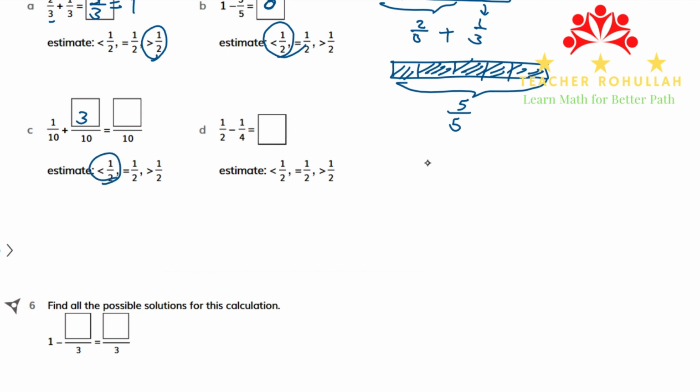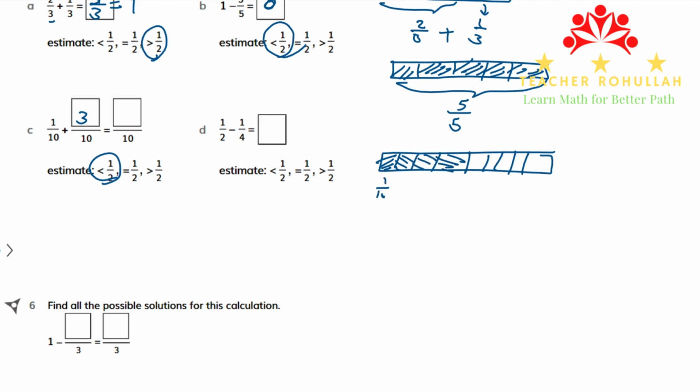I will show how. If a diagram is having 10 equal parts, and this is 1/10 of it, and we have to shade another 3/10. I will shade this way, 1/10, 2/10, and 3/10.